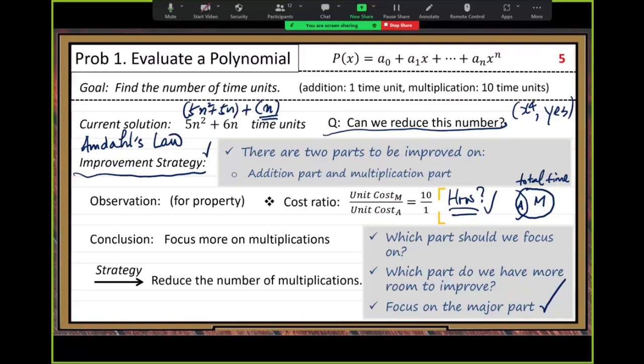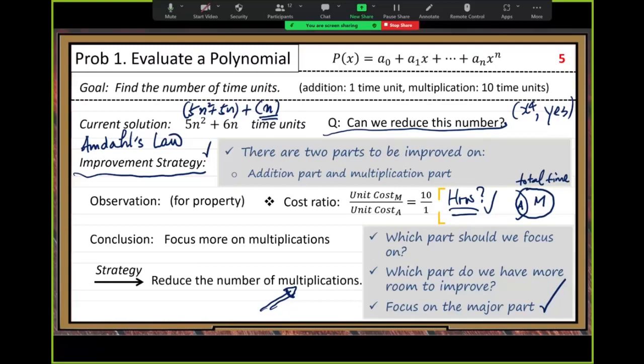Try our best to reduce the number of multiplications. How? That's another question. Right now, we make our decision on what direction to go. We go along this direction, the multiplication direction.